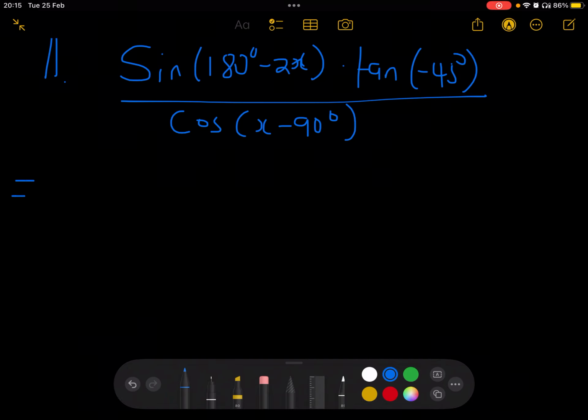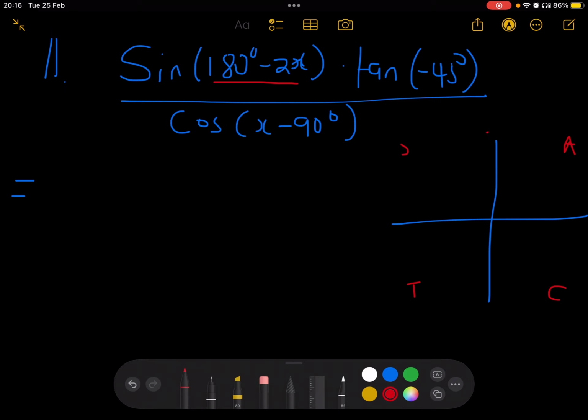First, on our right hand side, I always advise learners to put in the angles that they see. We see 180 minus 2 times an angle, and we know that with All Students Taking Coffee, the angle 180 minus an angle is found in the second quadrant.